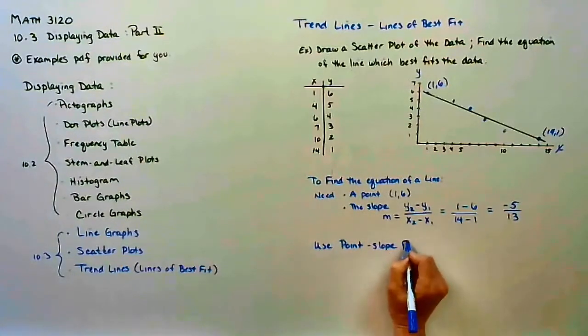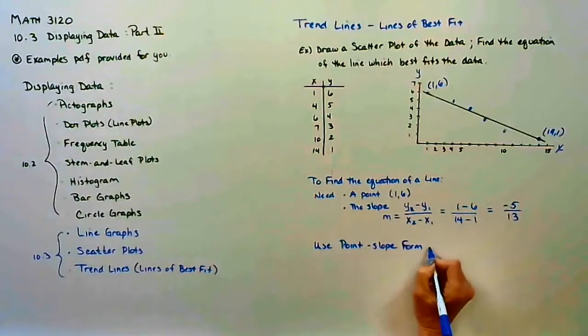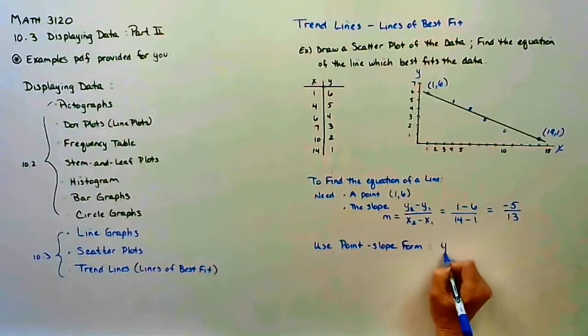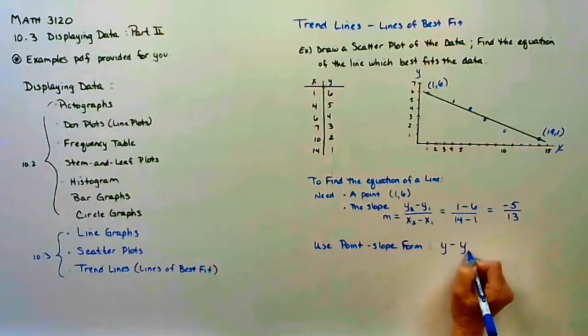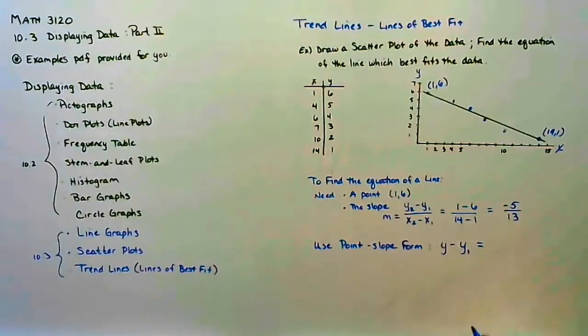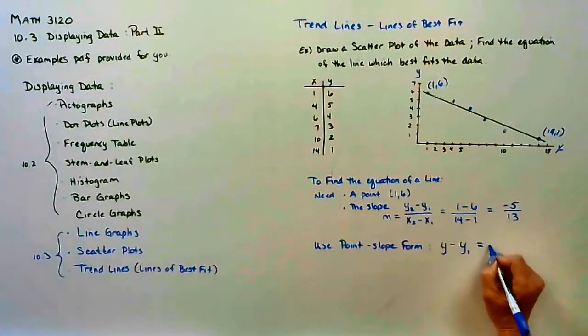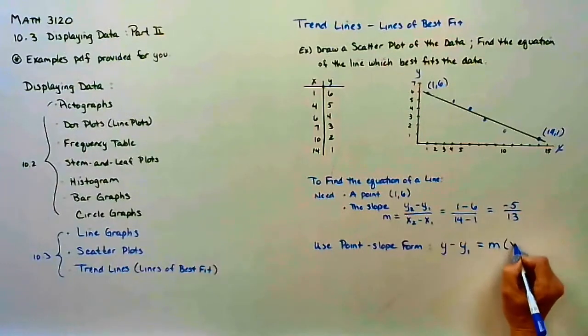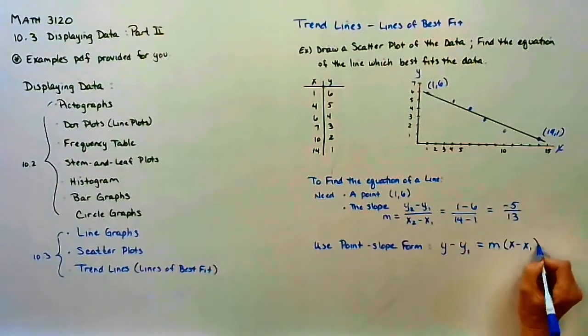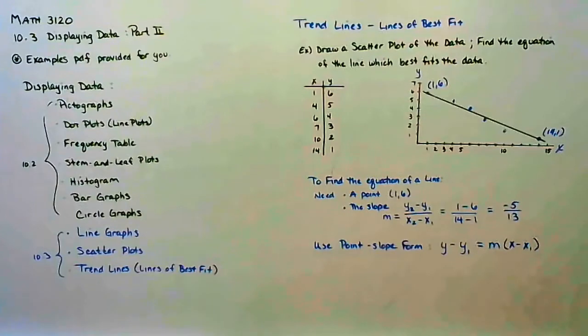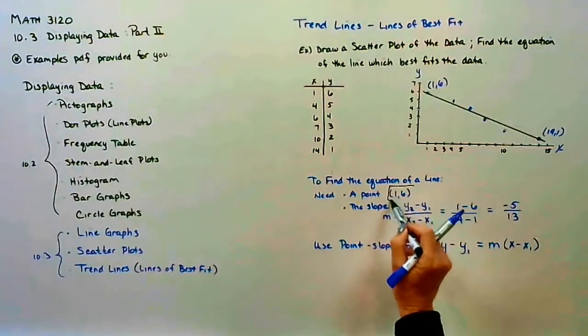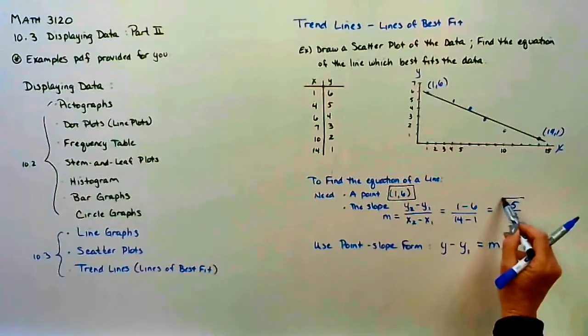Now I'm going to use what's called point-slope form. Point-slope form says y minus the y from the 1 point that we chose equals our slope times x minus the x value from the 1 point that we chose.